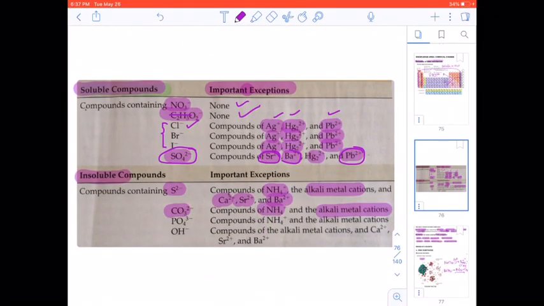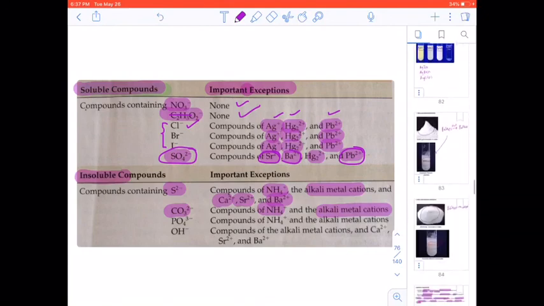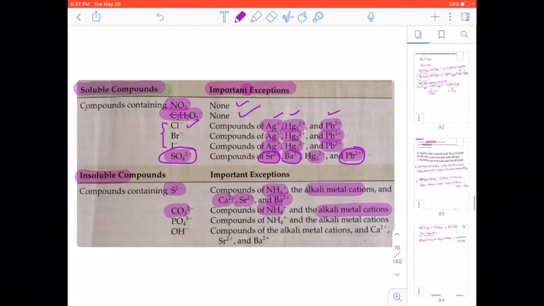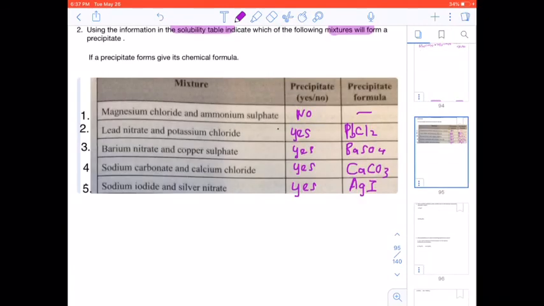Right? So if you look at carbonates, all are insoluble. The only ones that are soluble are compounds of ammonium and the alkali metal cations. Okay, so otherwise all are insoluble. Okay, so we just need to sort that out. Right, which would mean in this case sodium carbonate, right?